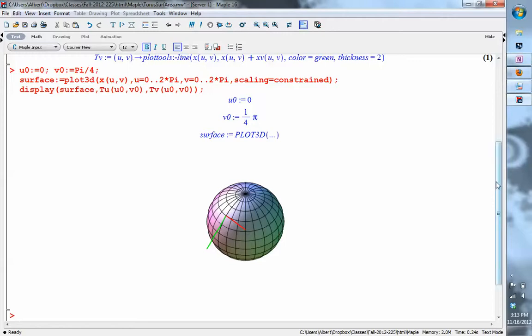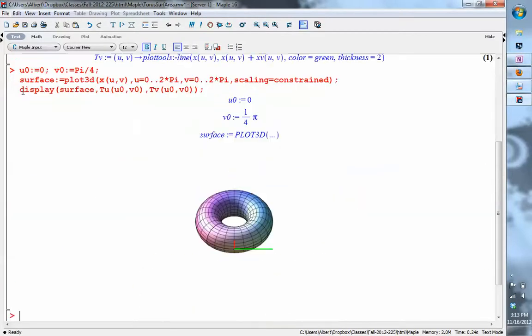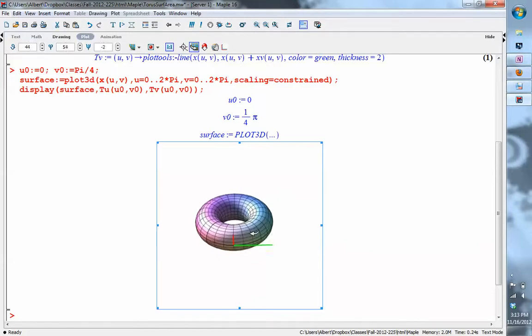Whoops. Still got my sphere in there. All right, so there's a torus, donut, whatever.